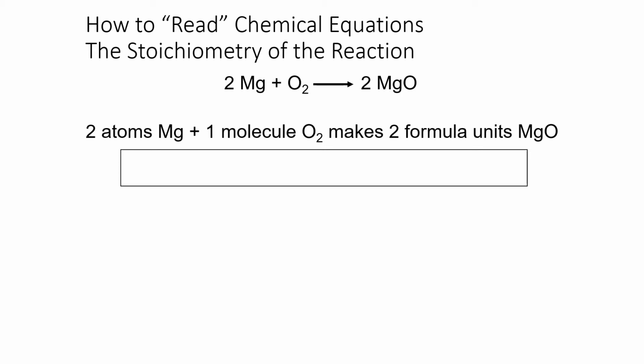We could read that as two atoms of magnesium and one molecule, because it's a diatomic molecule, makes two formula units of magnesium oxide. Why does this not say molecules? Because magnesium oxide is an ionic compound. This is not a molecule.